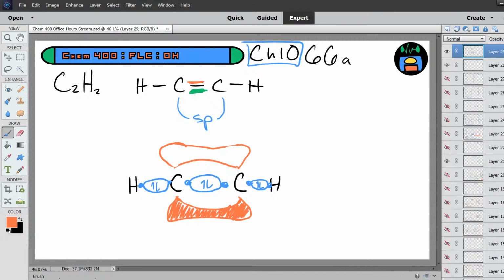So we shade one of our two lobes. Throw 2 electrons up in there, and we're good. Now we have to make the second pi bond. We form this pi bond using px, and it comes out of the board or screen at us, and then back into the screen away from us.